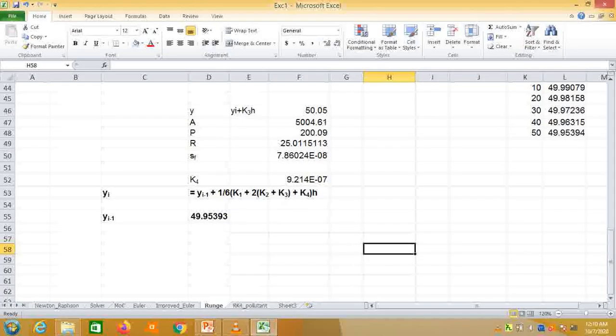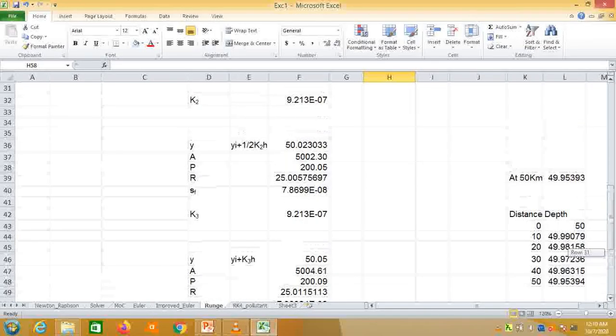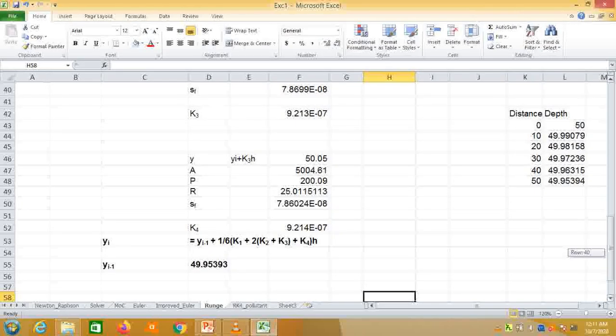You know that since it's going to be a backwater effect, the height upstream is going to be lower than the value downstream. You can just deduct from 50.